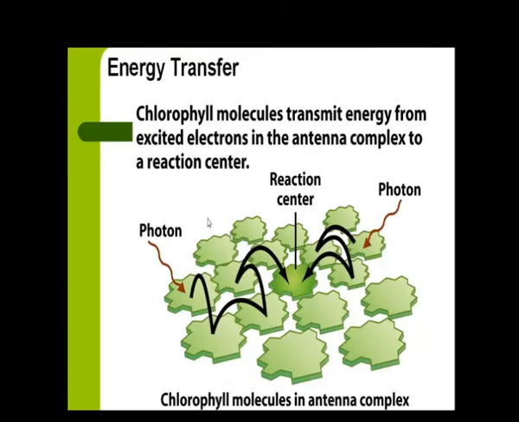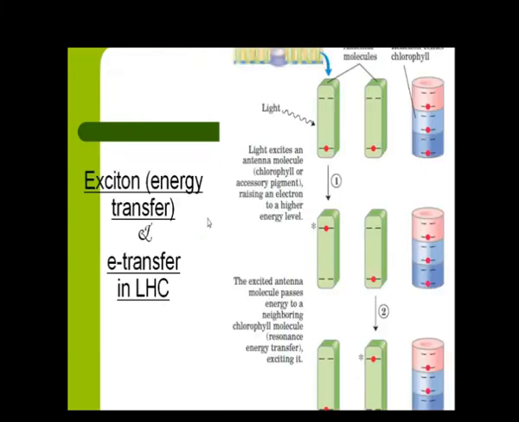Again, this is your reaction center, chlorophyll A. These are nothing but your antenna molecules. They take up the energy of the photon and transfer it to the neighboring antenna molecules till the energy reaches your chlorophyll A, the reaction center.